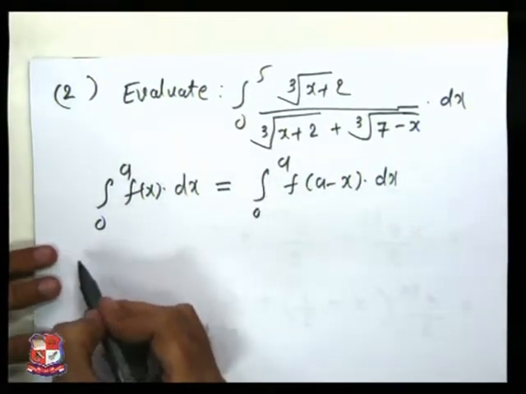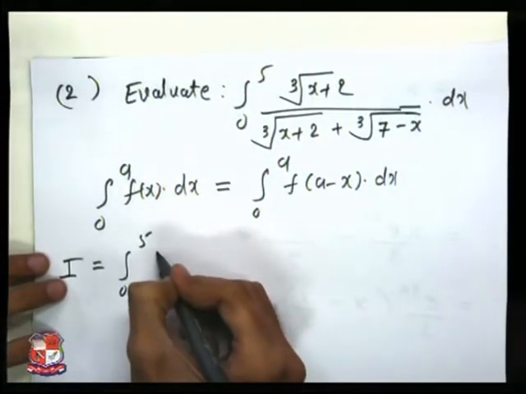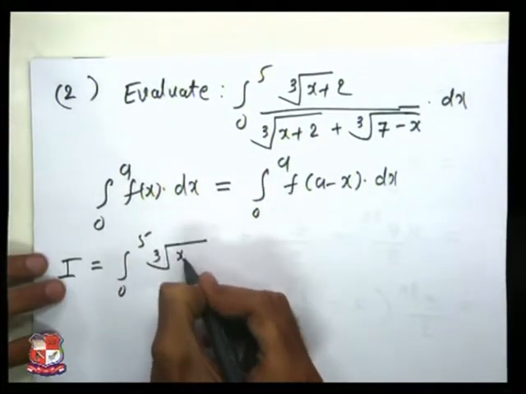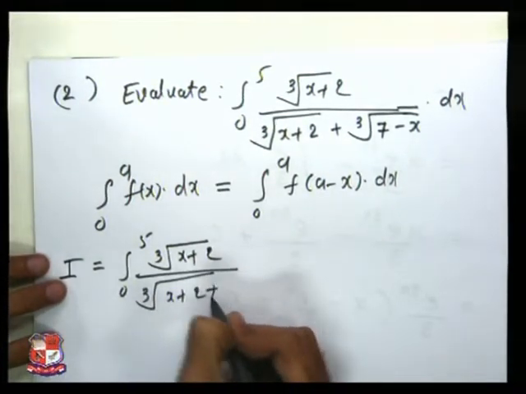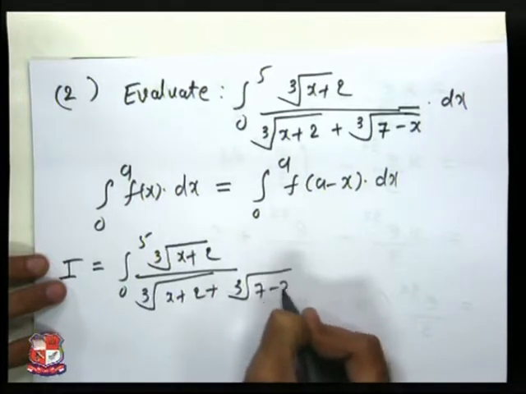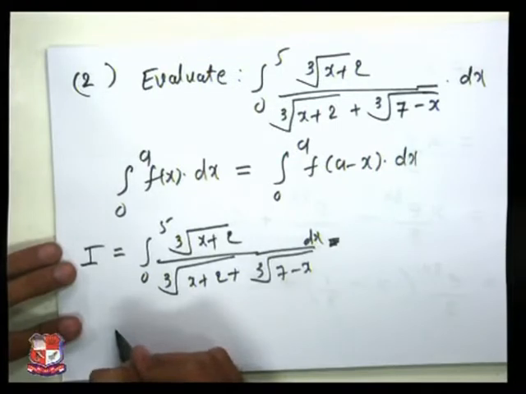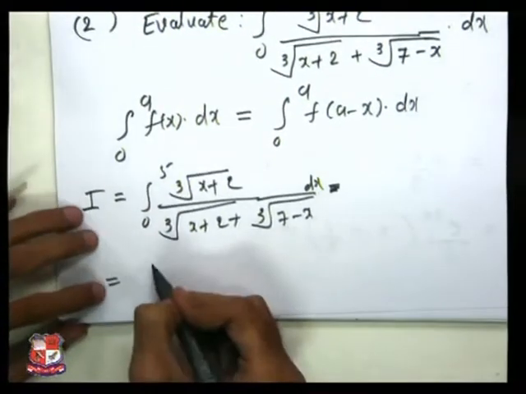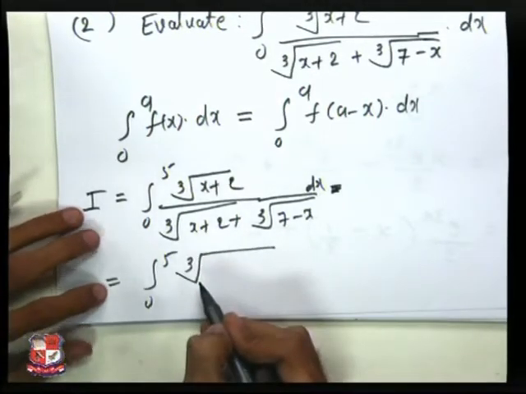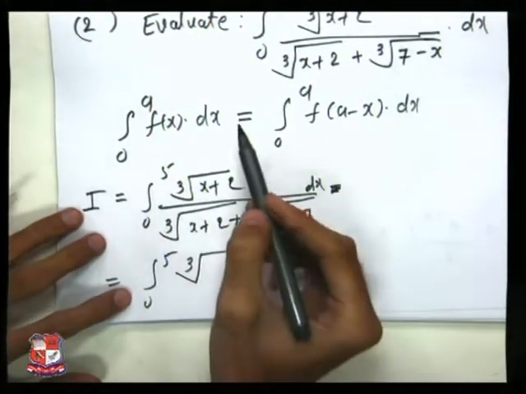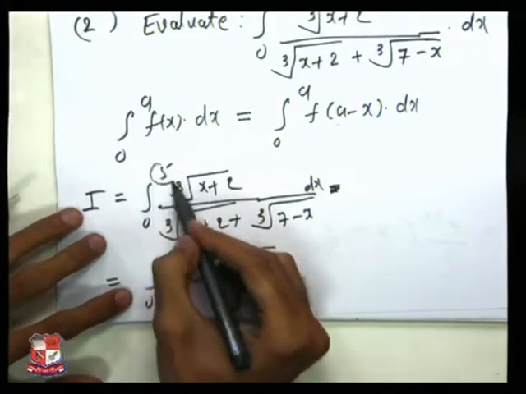So here I is equal to integration 0 to 5 of cube root of x plus 2 upon cube root of x plus 2 plus cube root of 7 minus x into dx. Here f(x) dx is equal to f(a minus x), so I will put a is equal to 5.